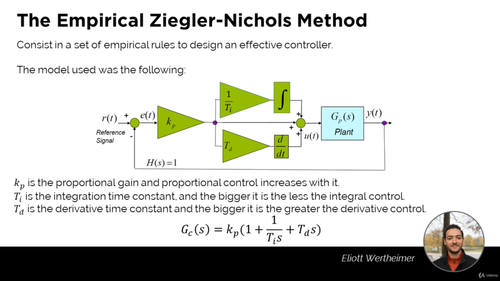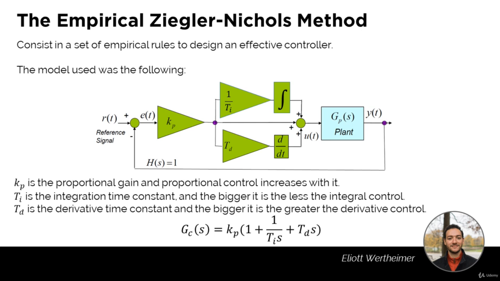So as in any controller that we've seen previously, the sum of all these branches was then done to output a control signal u(t), and finally this control signal was fed into the plant Gp(s) to eventually give the output y(t) and repeat the cycle again.